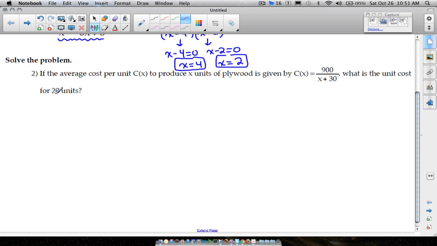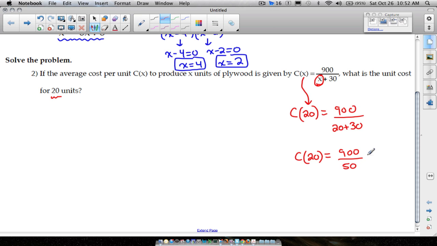When we plug 20 into this function, what we get is C of 20 equals 900 over 20 plus 30. All we're really doing is just plugging 20 in there, but we're not going to do any multiplying here. That's function notation. That means the average cost of 20 units is going to be equal to 900 divided by 50, and if you do 900 divided by 50, you get 18.